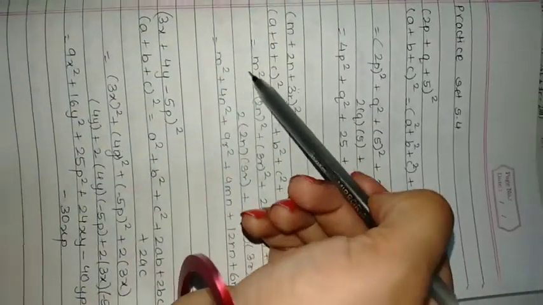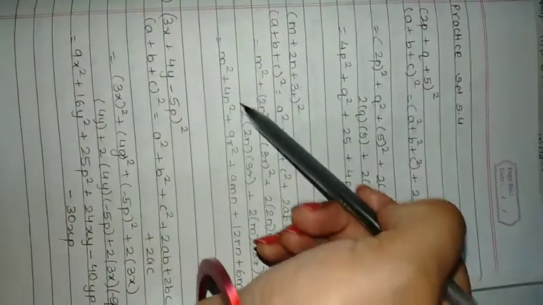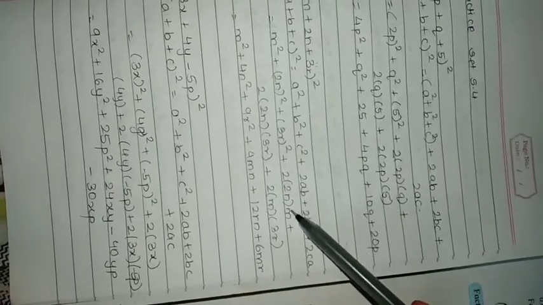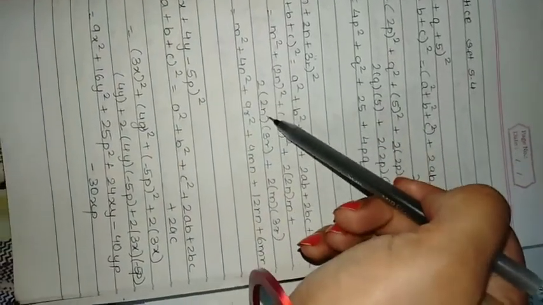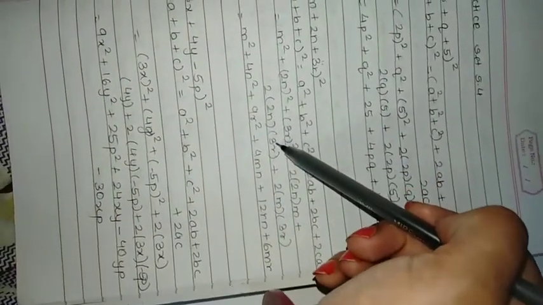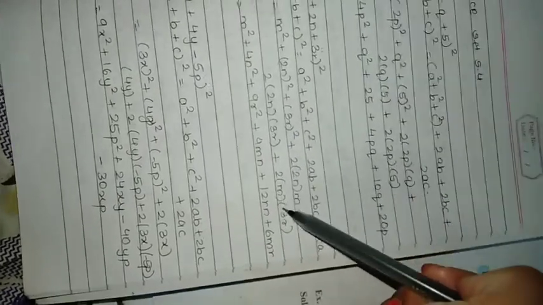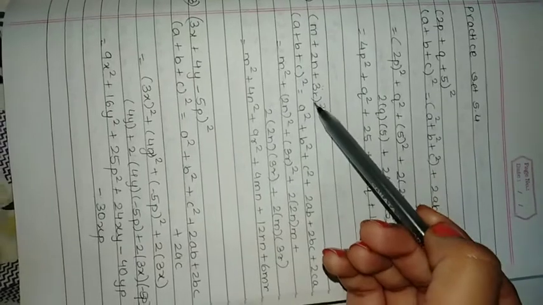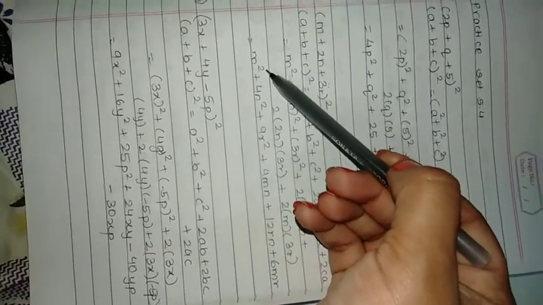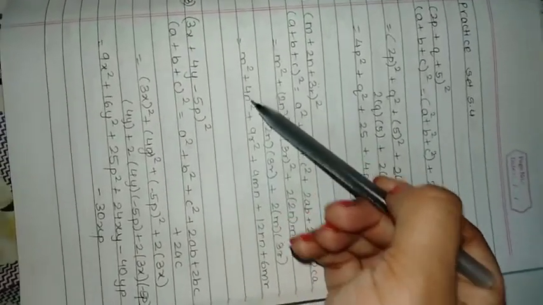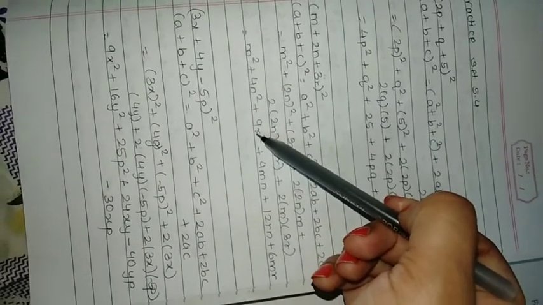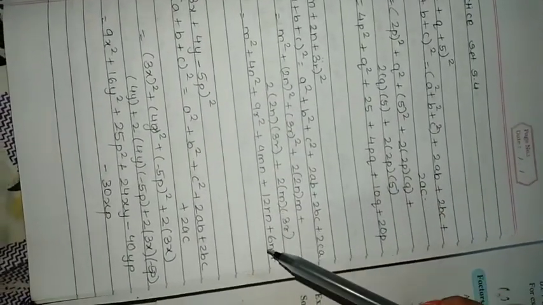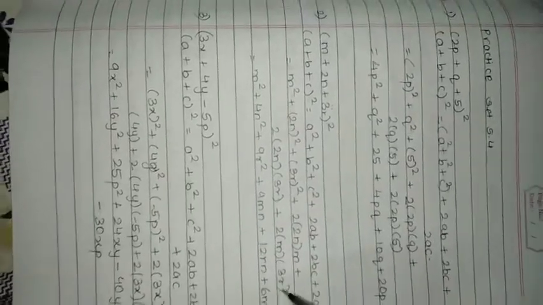So the solution we will be getting is m square plus 4n square plus 9r square plus 4mn plus 2 times 4 is 8, 8 times 3 is 12, 12rn plus 6mr. So the solution for (m + 2n + 3r) the whole square is equal to m square plus 4n square plus 9r square plus 4mn plus 12rn plus 6mr.